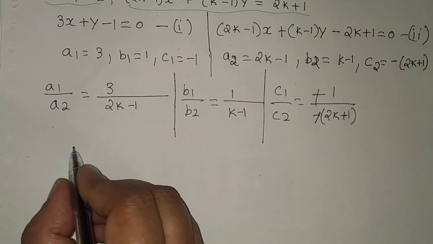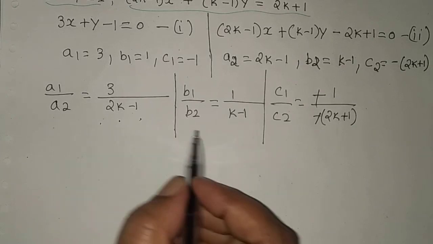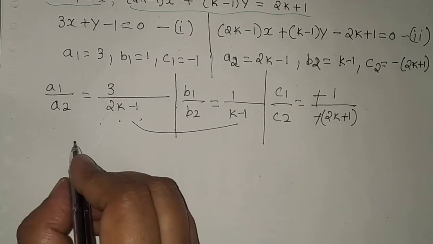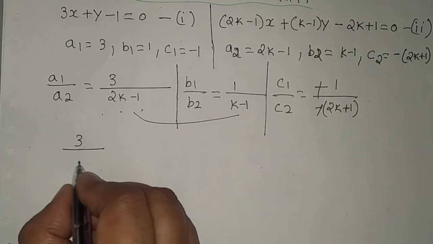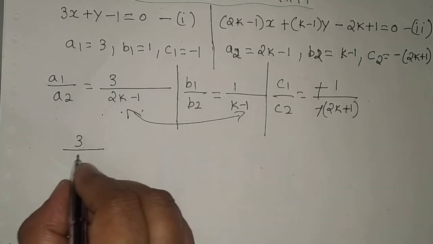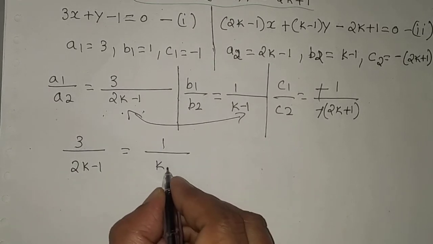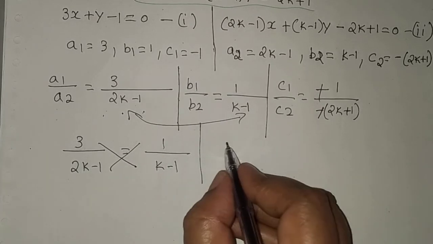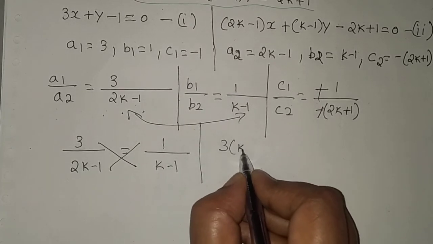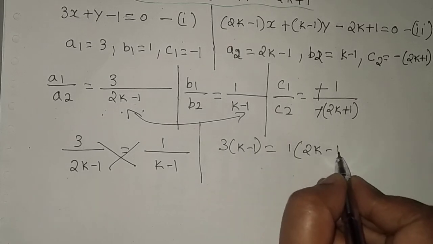Okay, next step is take these two values, that is 3 by 2k minus 1 is equal to 1 by k minus 1. Cross multiply these two. What we get is 3 into k minus 1 is equal to 1 into 2k minus 1.